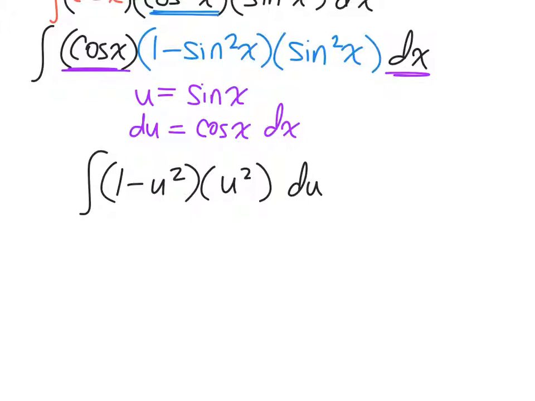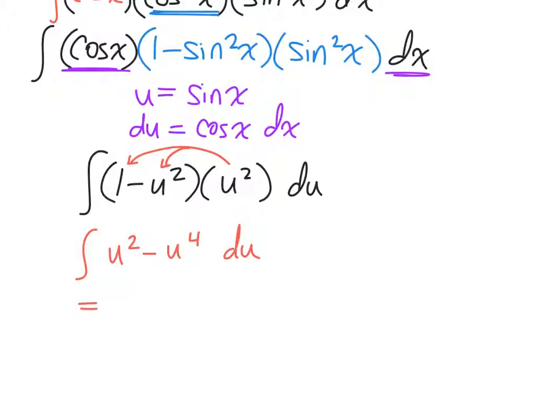Then you think, wait a minute, work from the beginning of the course to the end. I don't have a rule for it, so it's not that. Let me try something simple, like power rule. If that's the case, I want to clean it up. So u squared minus u to the fourth du. That's power rule, ready to rock and roll.